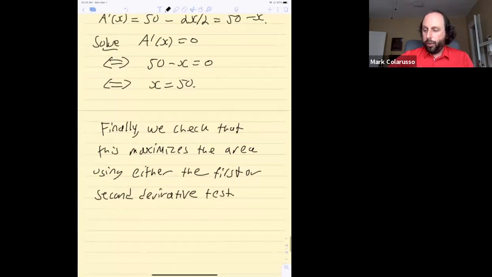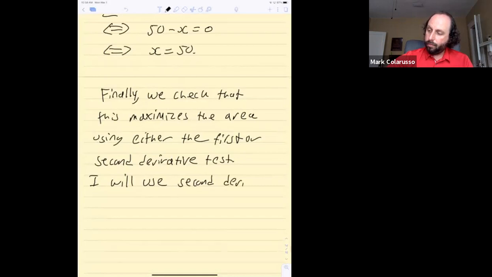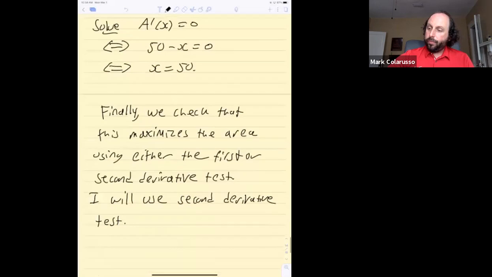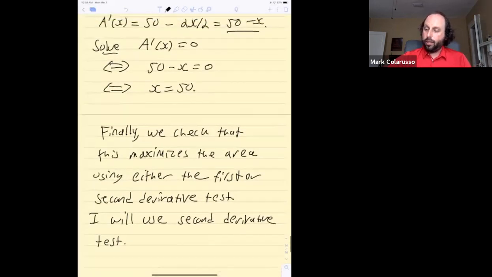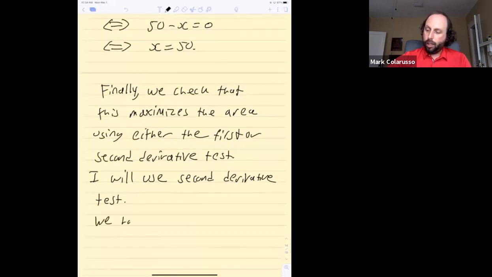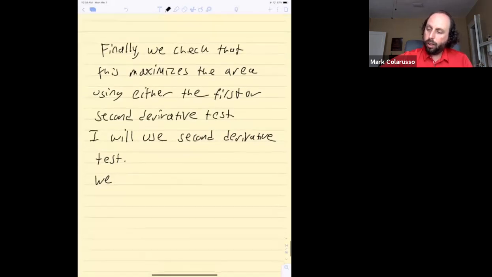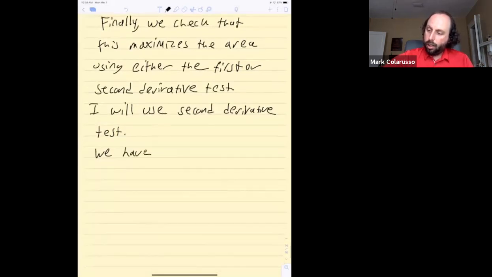Like I said, I will use the second derivative test. So the area is here, right? We had A prime of x is 50 minus x. So the second derivative is just minus 1.